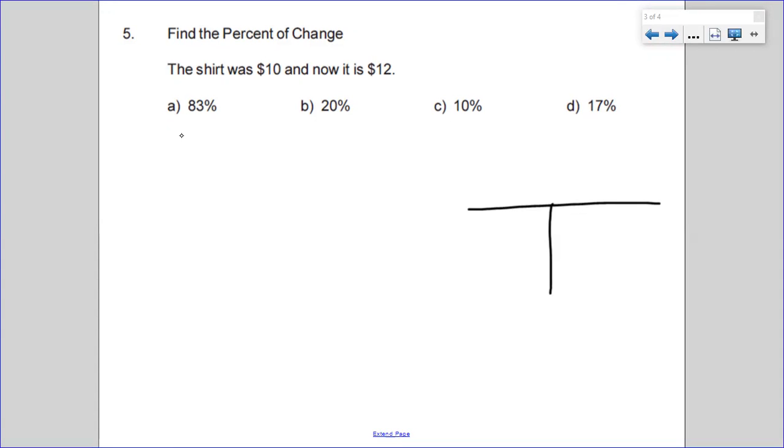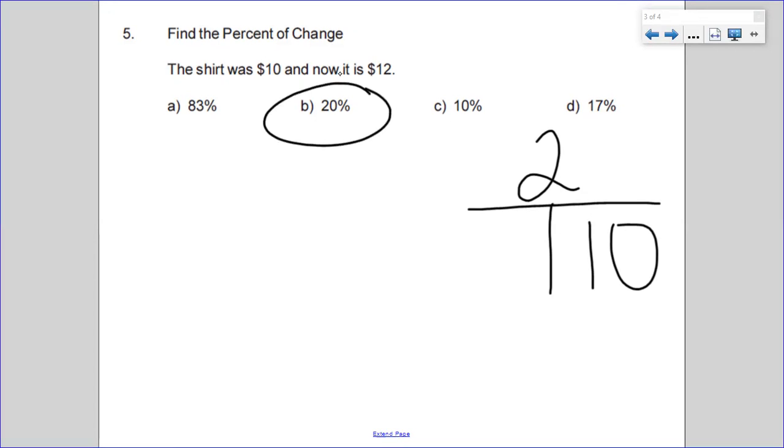The original does. The original goes in the bottom right. So the original was what? 10. Good. What happened first. And then up here, remember, at the top goes the difference. So 2 divided by 10 gives us 0.2, or 20%. So that's that one.